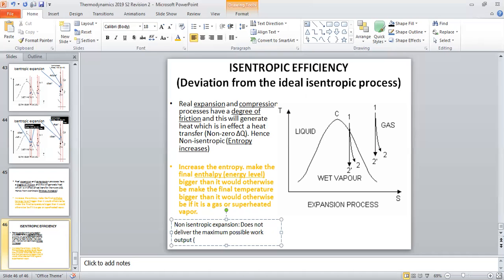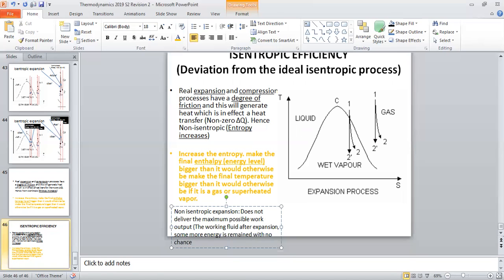What happens? The working fluid after expansion has some more energy remaining, with no chance for work to be done.